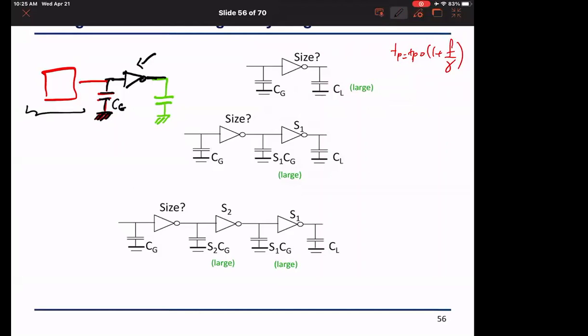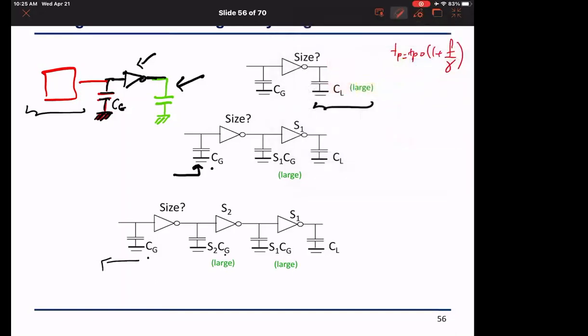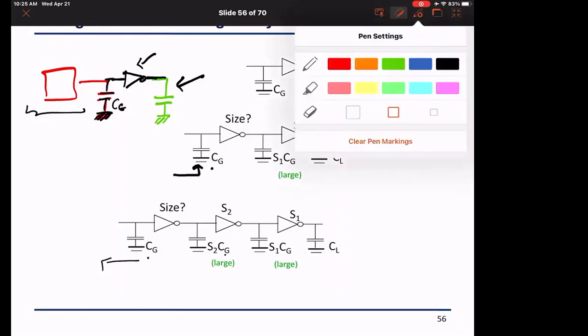to allow me to interface properly to a large capacitor without giving a large load to the previous block. Okay, hello. Let us take the problem one step at a time.